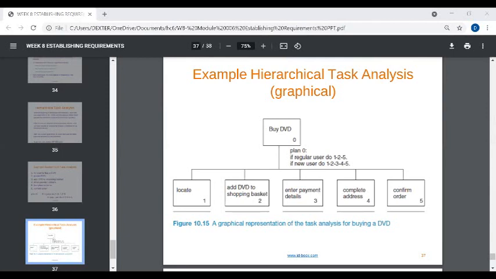The use of HTA has been controversial, with both its supporters and detractors. There are two main problems with using it on a real problem. First, real tasks are very complex, and task analysis does not scale very well. The notation soon becomes unwieldy, making it difficult to follow.